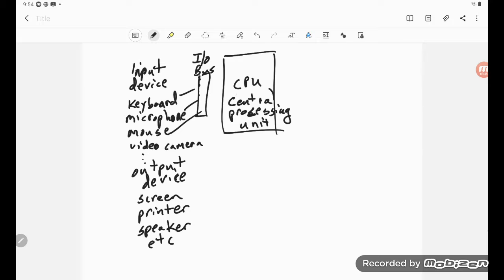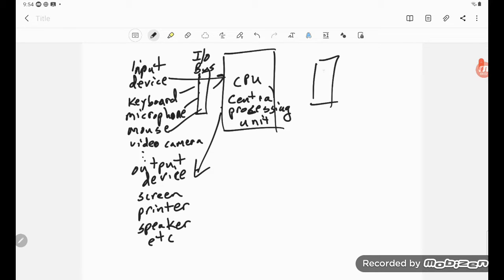And then besides the input going in and the output coming out, a computer needs to hang on to a lot of information, and so it's got to have some sort of storage memory.